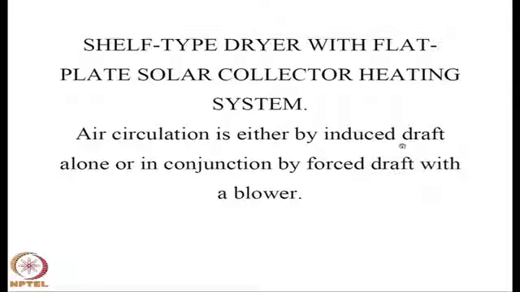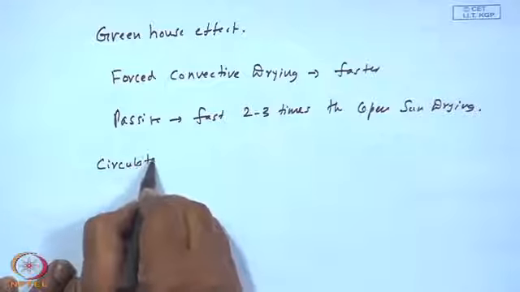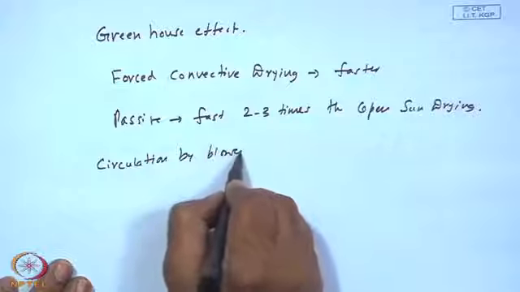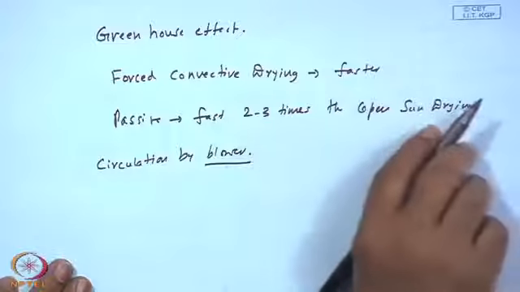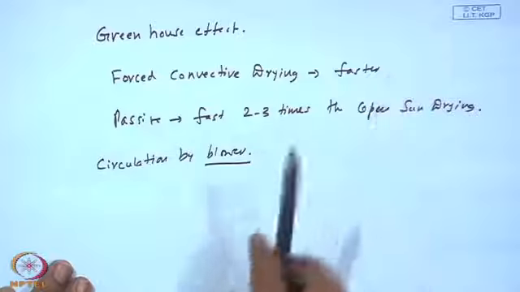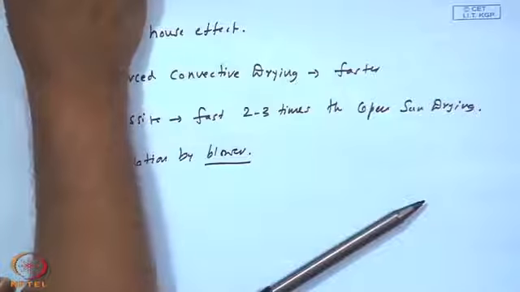Now, you may have a circulation by a blower. Strictly, this is not a passive device, but I have included it because of its application in drying. So, you have a solar collector and you may have here a conventional dryer.